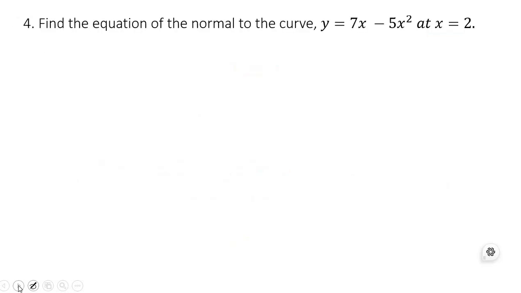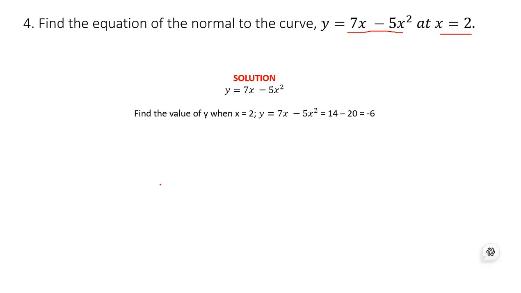We are asked to find the equation of the normal to the curve, and our curve is a quadratic curve at x equals 2. So the first thing to do is to find the value of y when x is 2.